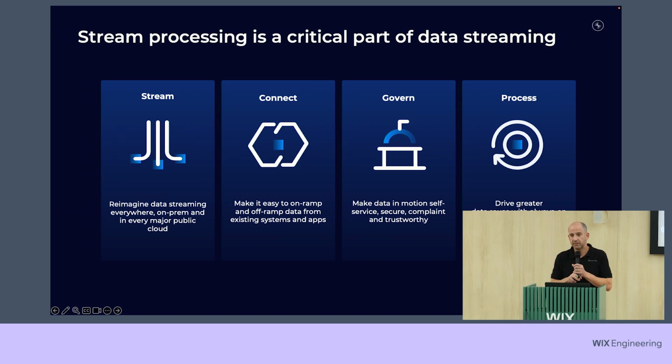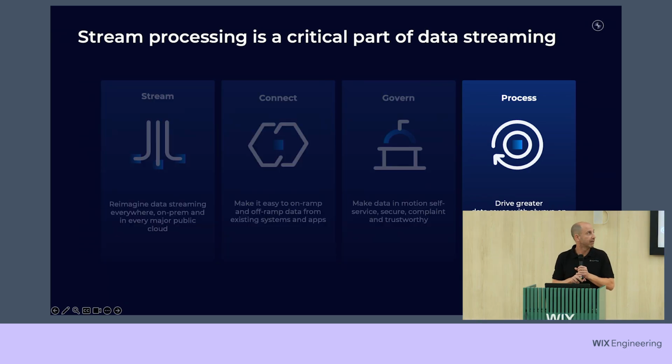The second capability is connect, the ability to connect streams and data from various applications and sources. And then there's governance, the ability to govern the platform. And the one that we're going to focus on today is process, the ability to manipulate and do things with the data streams. This is what we're going to focus on today with my presentation, at least.